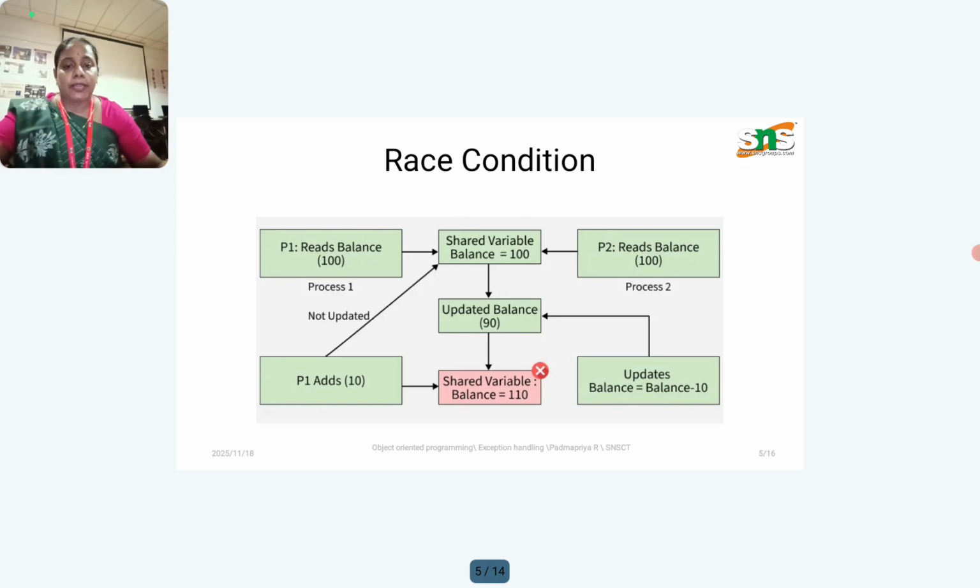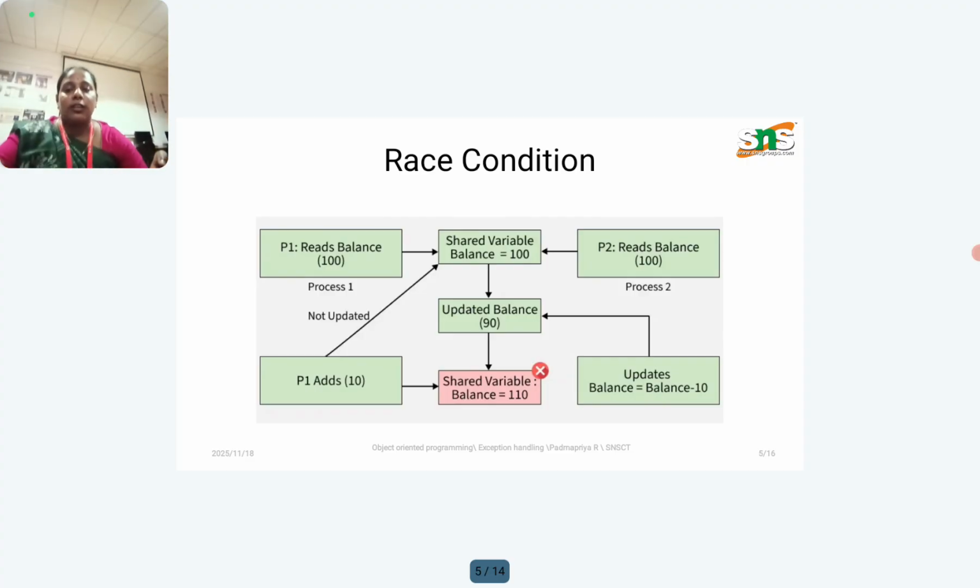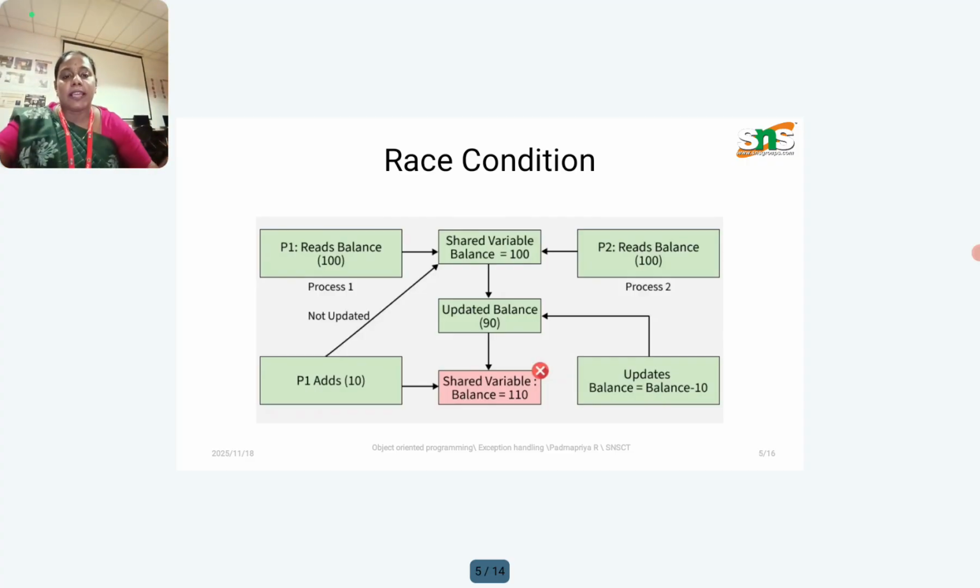P1 adds 10 rupees using internet banking, and the updated amount is shared as a balance of 110. But while reading, the other process P2 couldn't get that update, and that is the exception. In that case P2 should also update the balance as balance minus 10.